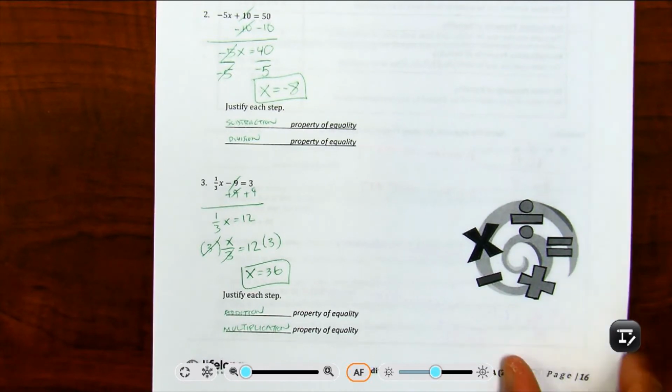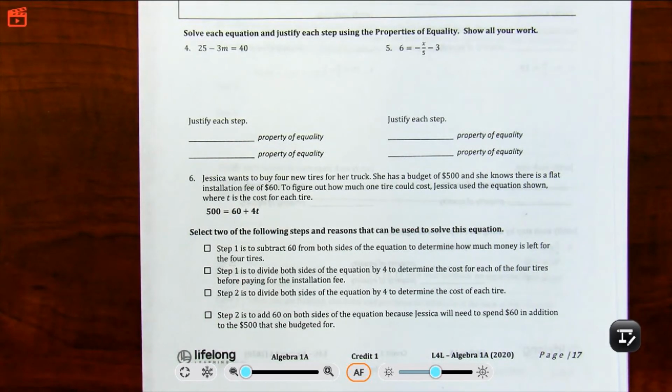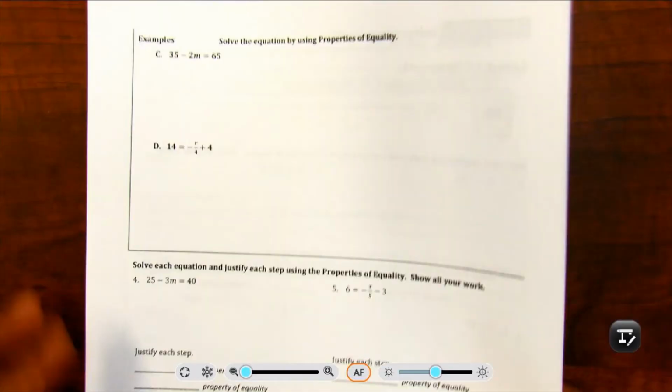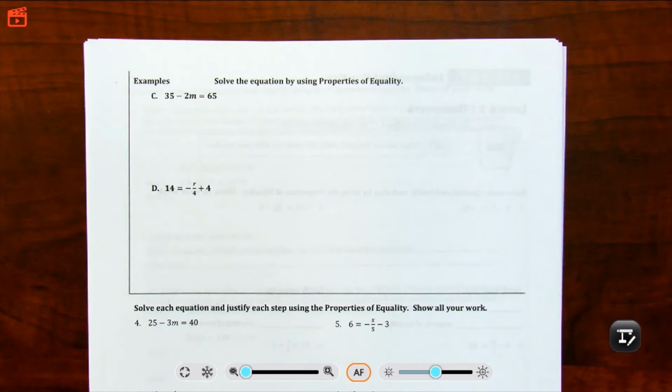Okay, so let's move on to the next part of this lesson, and we're going to go through a couple of examples. We are still solving for the variable. Now these equations are written a little bit differently, but we are using the same steps.